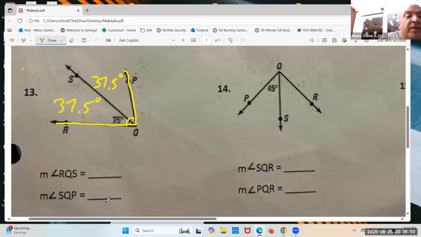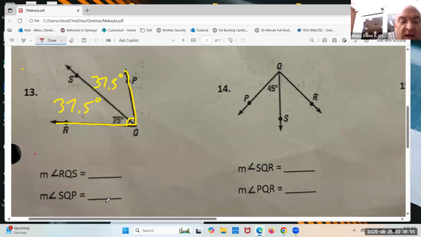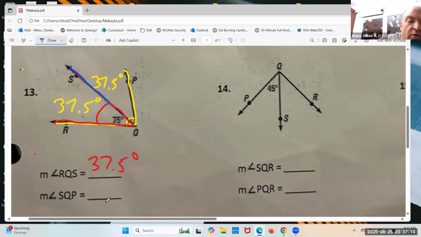So RQS is 37.5, and SQP is also 37.5. Done.